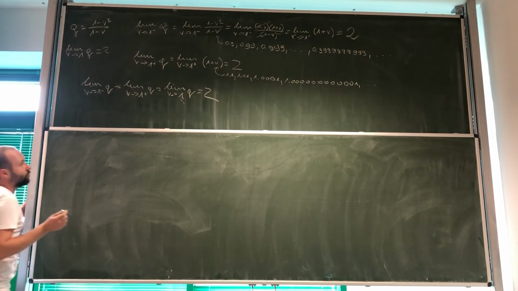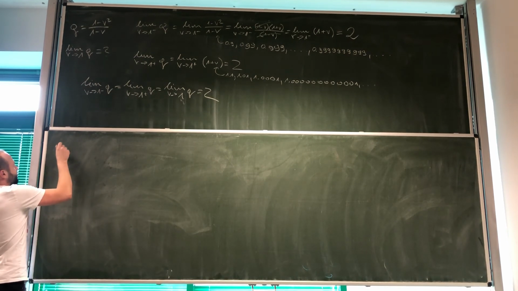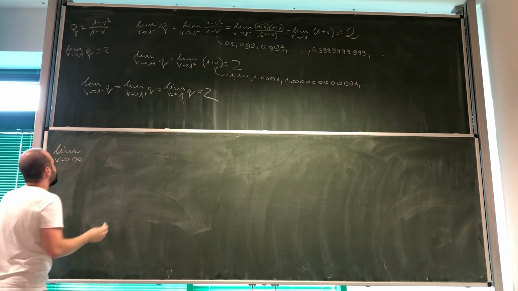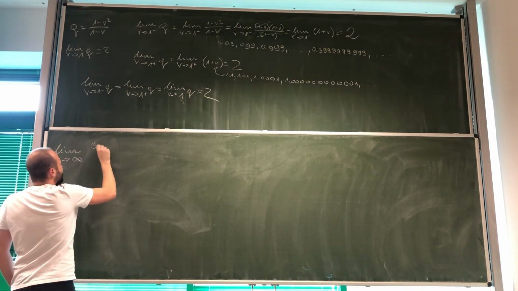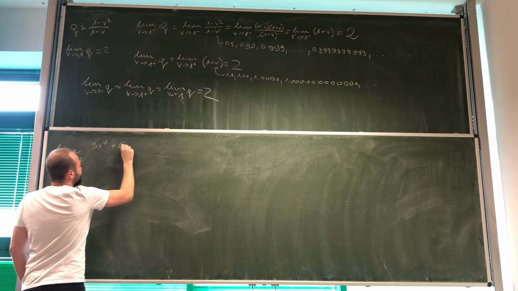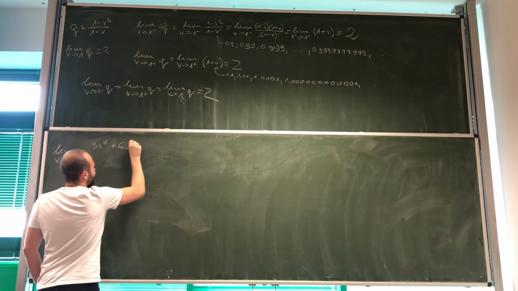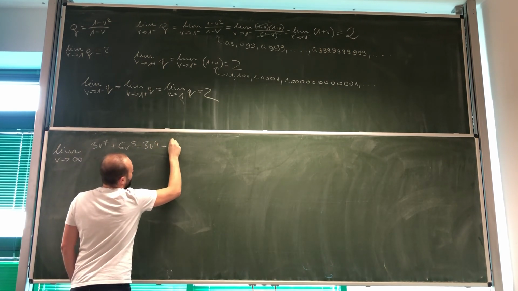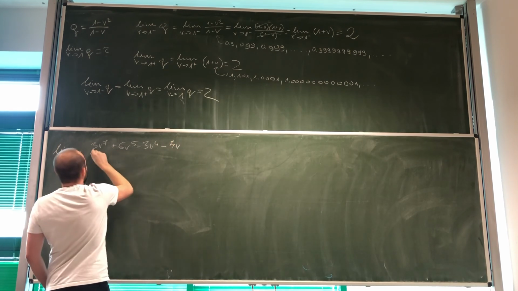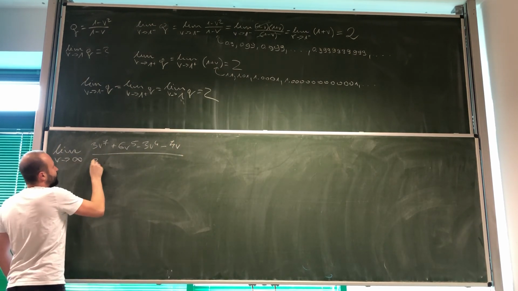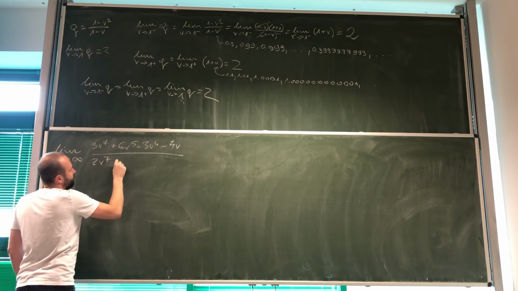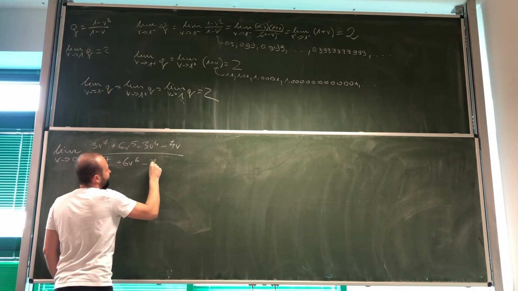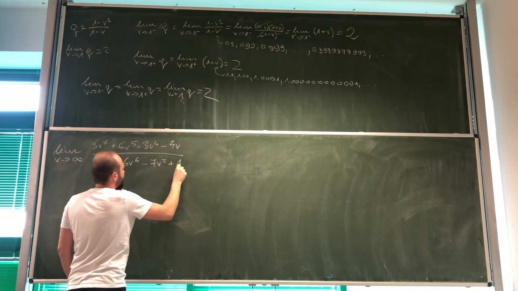The next example we're going to do is when we have to calculate the limit with v approaching infinity out of, let's say, 3v to the power of 7 plus 6v to the power of 5 minus 3v to the power of 4 minus 4v, over 2v to the power of 7 plus 6v to the power of 6 minus 7v to the power of 2 plus 1.